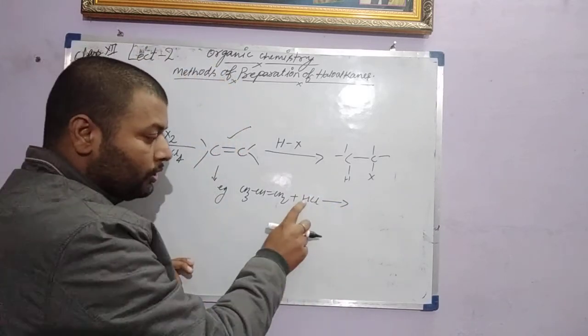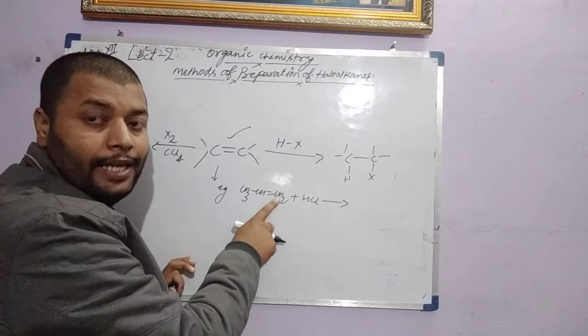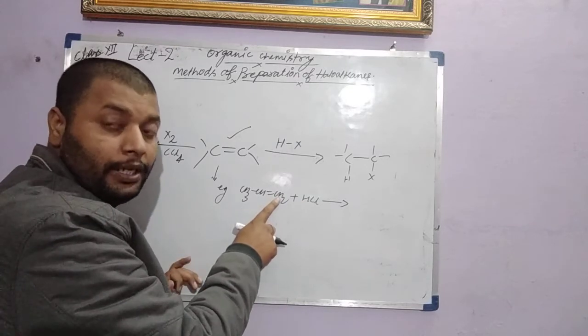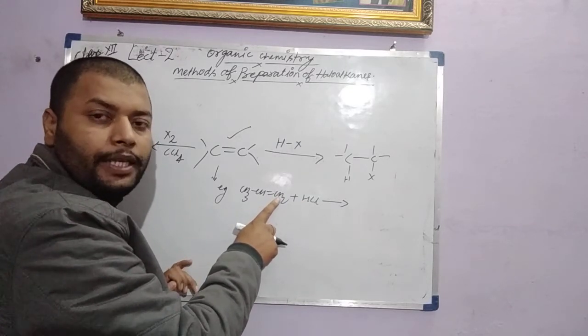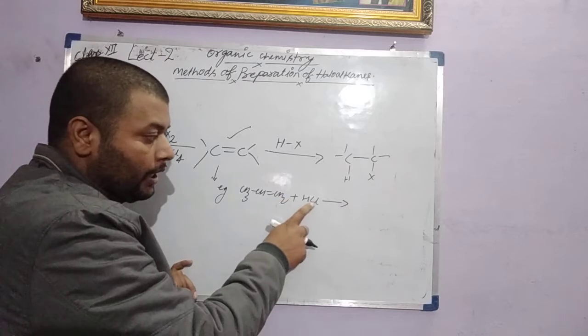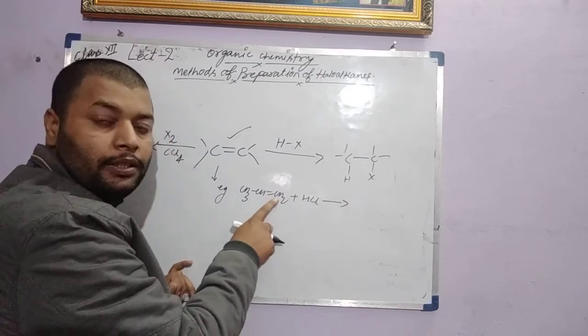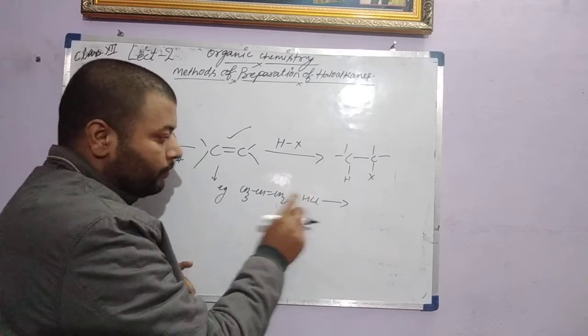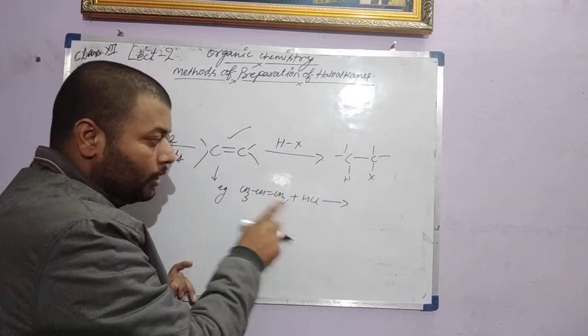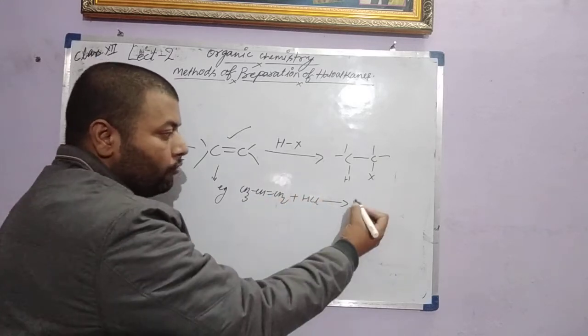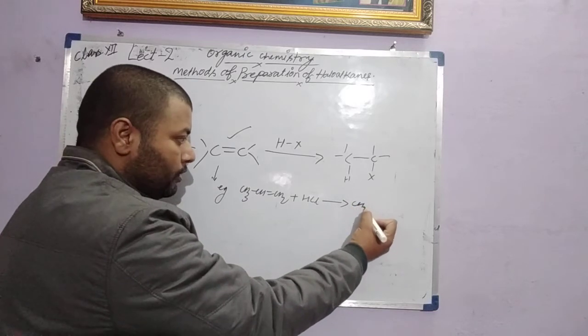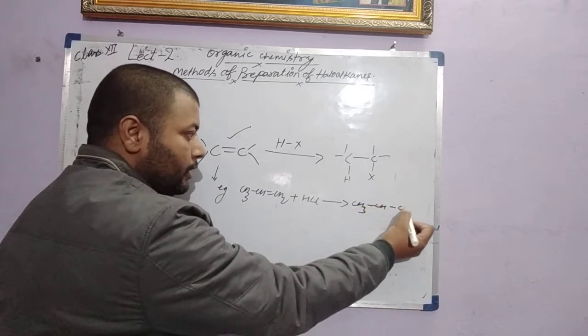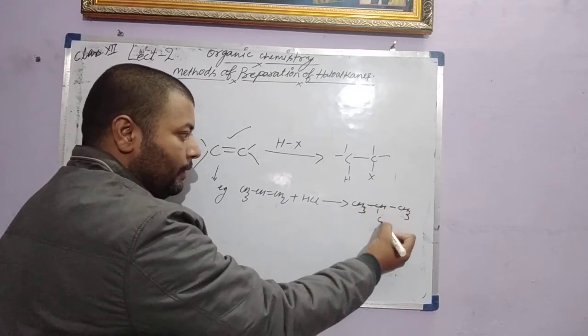In the case of an unsymmetrical alkene, hydrogen always attaches to the carbon of the carbon-carbon double bond having more hydrogens. So hydrogen attaches to CH2 and chlorine attaches to CH, forming CH3CHClCH3.